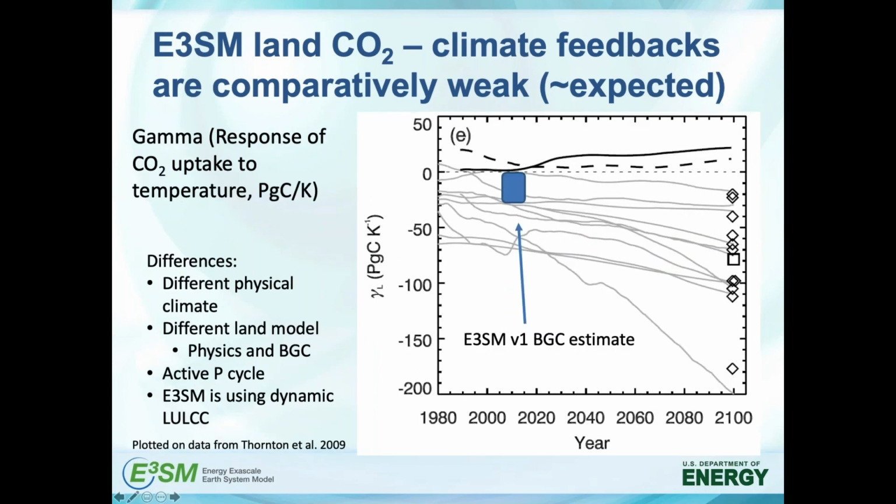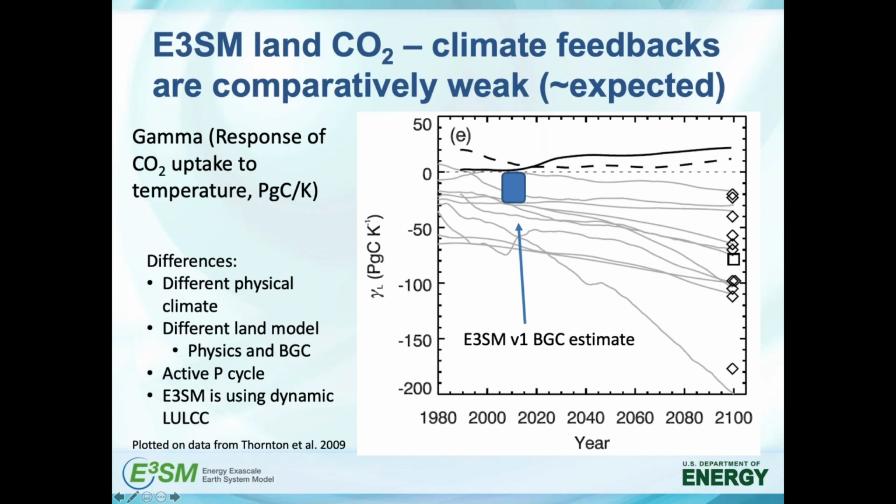And then in this next slide, I am showing the second feedback parameter, which is gamma. So gamma quantifies the response of carbon uptake to changes in climate, which we quantify through changes in temperature. And again, I'm comparing against a suite of CMIP5 models.